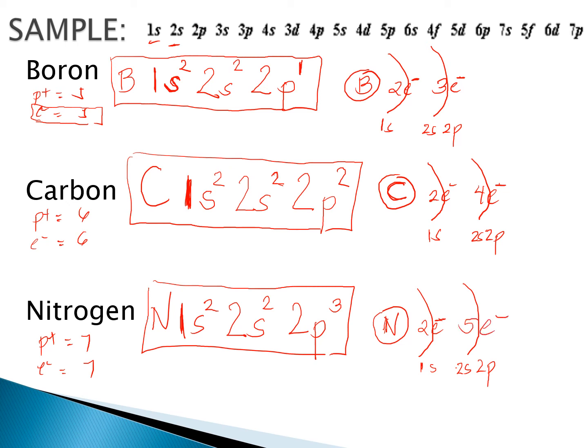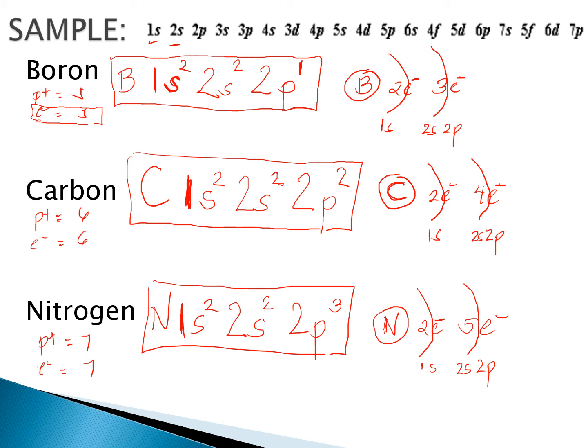Okay? So now, if you will take a look at your periodic table, you will see that boron, carbon, and nitrogen belong to the same period, and that is period number 2. So, bakit kaya magkakasama si boron, si carbon, and si nitrogen sa period number 2? Take a look at our half shell diagram.